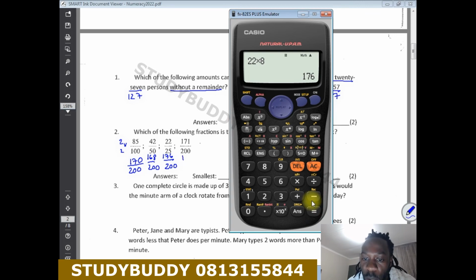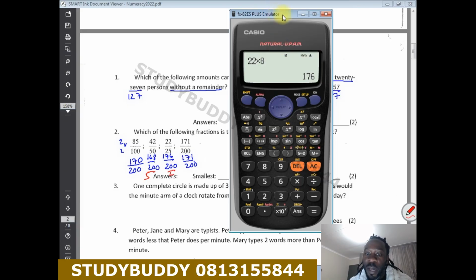The other one is already out of 200, so that one is fine. Now you just use your observation. We have 168, 170, 171 and 176. So obviously this is the smallest and this is the largest.